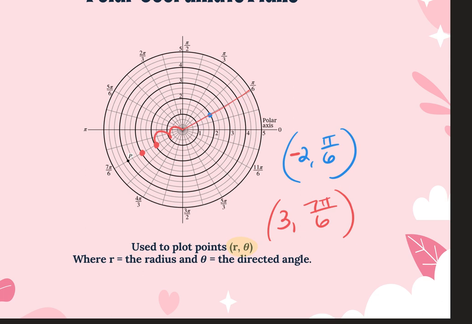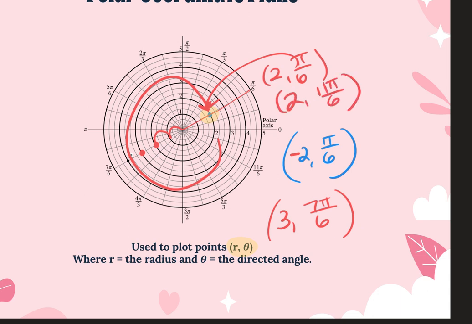Because these have different names, they can ask you for multiple representations of the same angle or the same coordinate point. Like I can use 2, pi over 6 to describe this point, right? I could also go the other direction and say 2, negative 11 pi over 6, and that's the same angle.